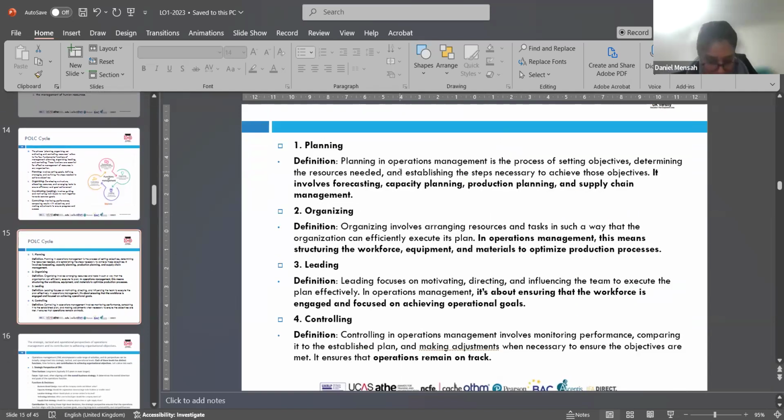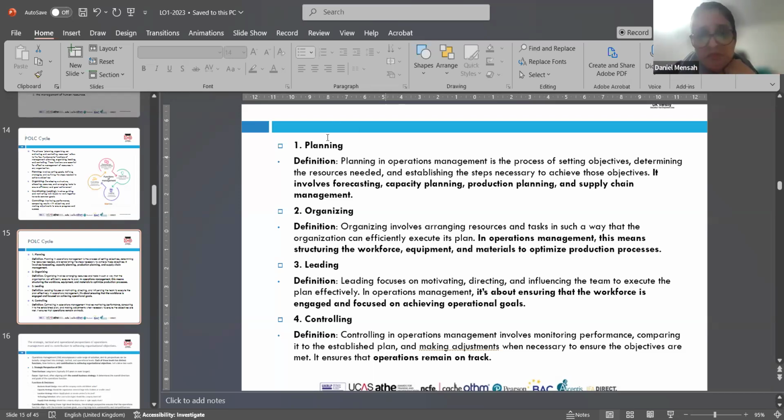When we talk about planning, from the operation management perspective, they need to set the objectives, but for the production operations, not other parts of the department. Then they find out what kind of resources are needed to run the operation, and they establish the steps necessary to achieve those objectives.